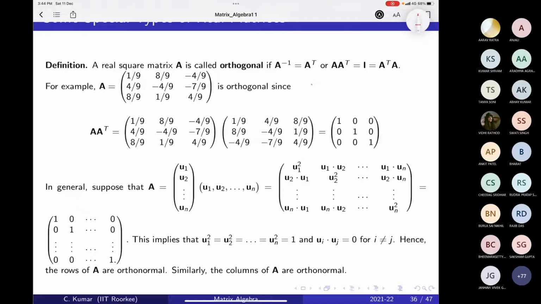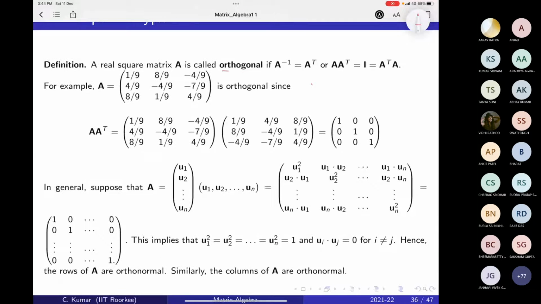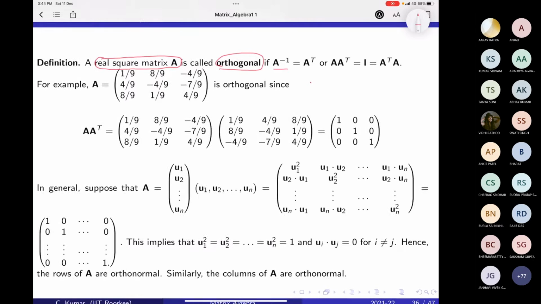Now we define what is an orthogonal matrix. We say that a real square matrix A is said to be orthogonal if A inverse is equal to A transpose.